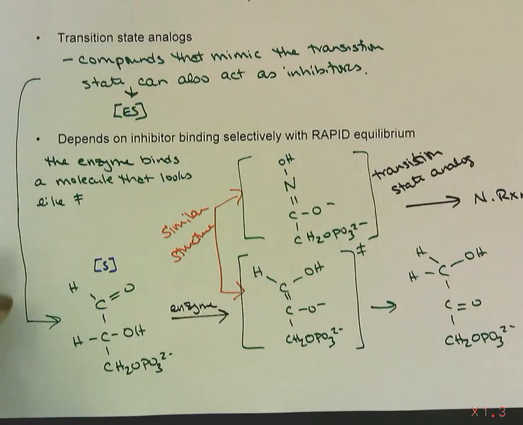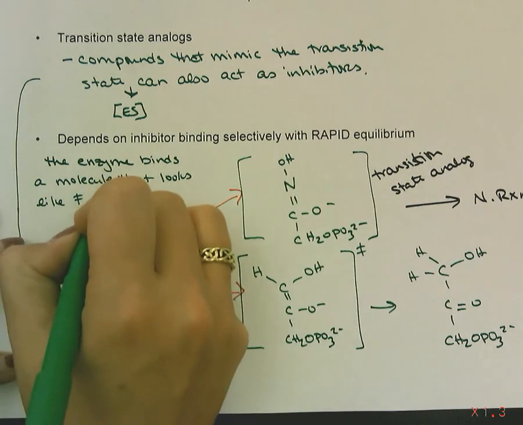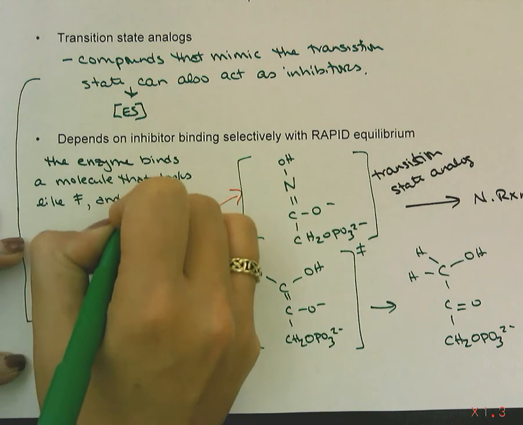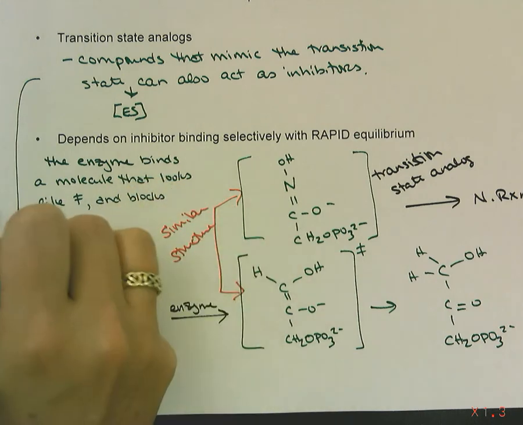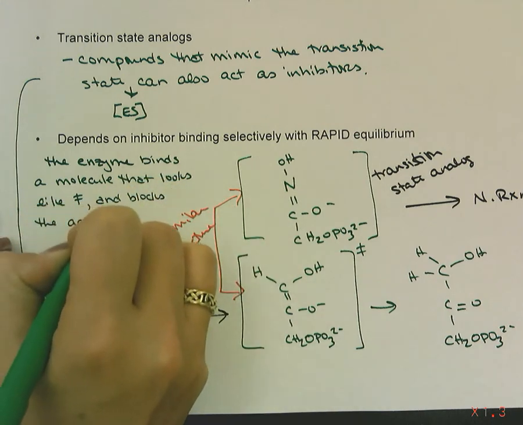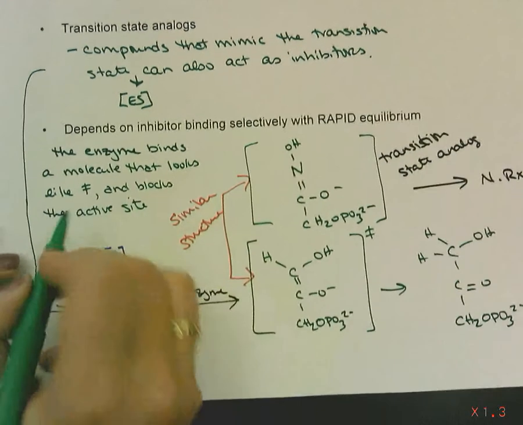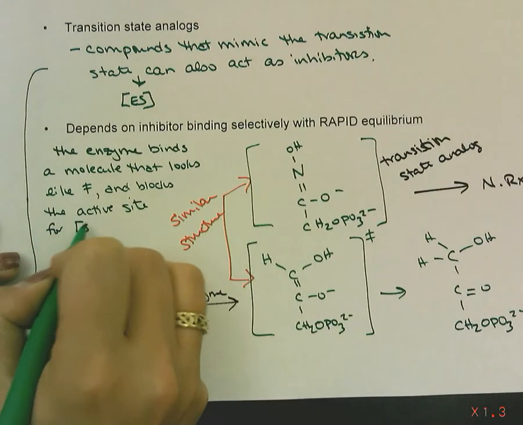So the enzyme binds a molecule that looks like the transition state and blocks the active site for the original substrate.